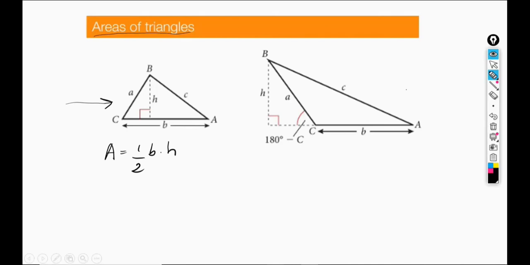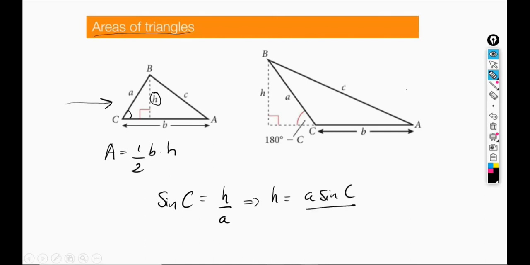So what if we put h in terms of angle C? What do I mean by that? Well, notice that sine of C is equal to h over a. In other words, h is equal to a times sine of C.